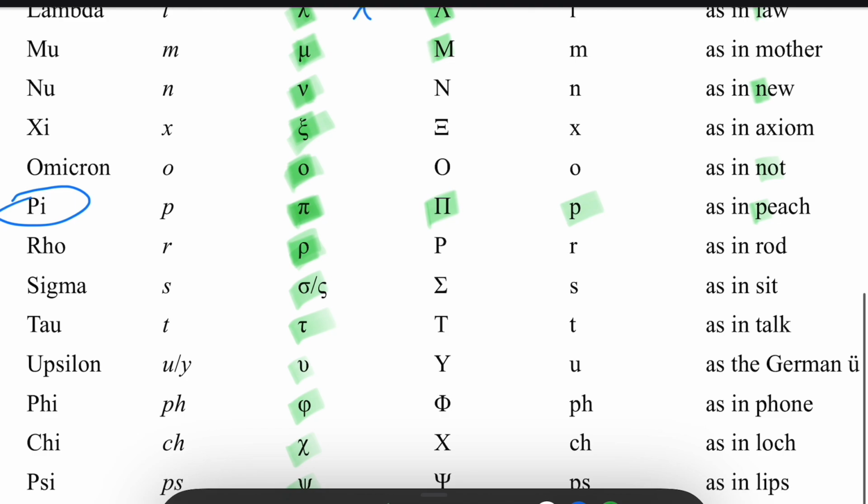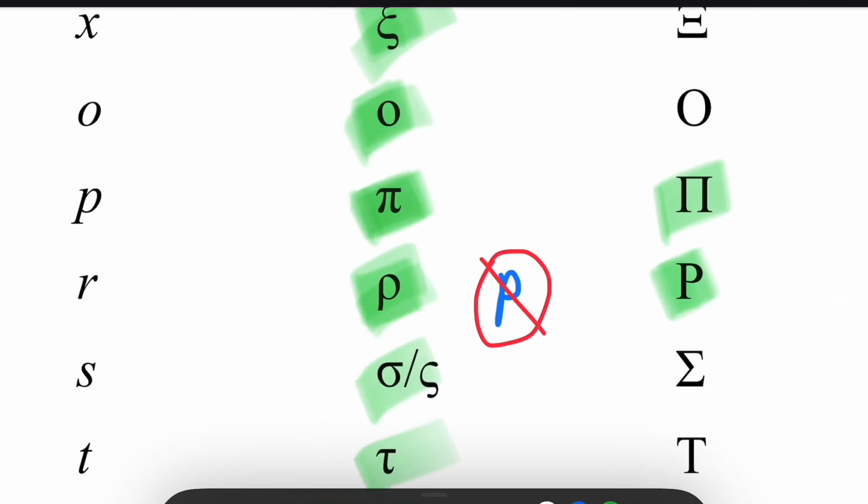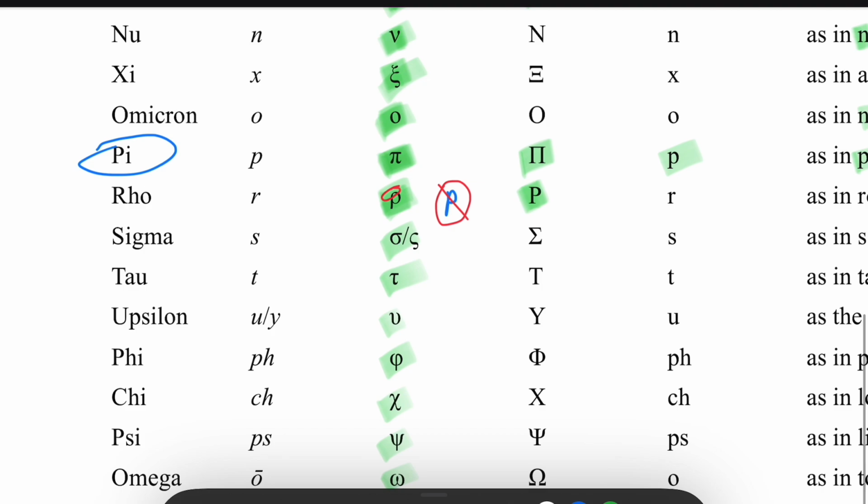Rho, don't get confused. This is not a letter P. We just looked at P. So rho is going to look very much like our capital P. And then the lowercase is going to have kind of that smooth rounding right here. And then sigma, there are two forms of sigma.